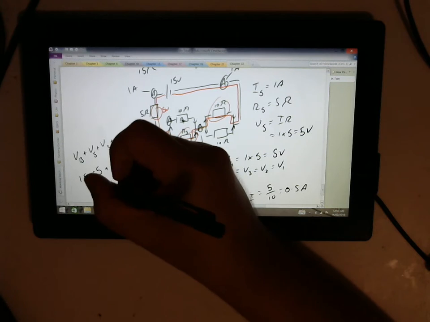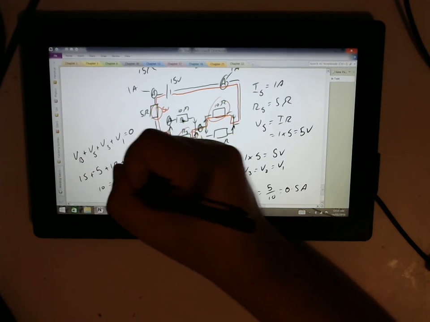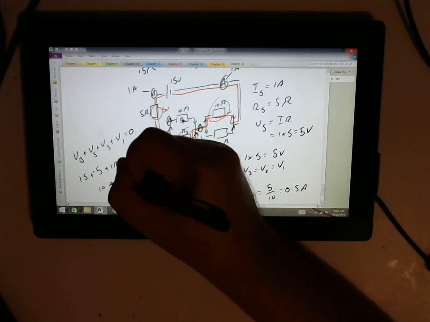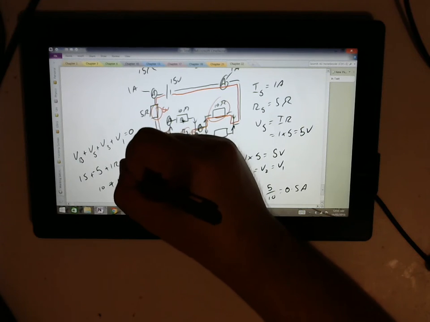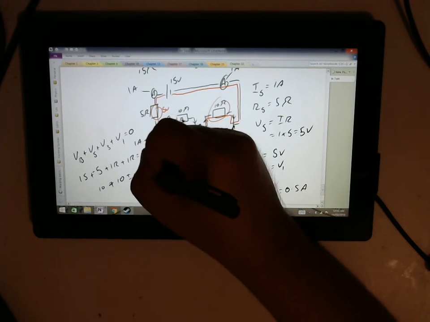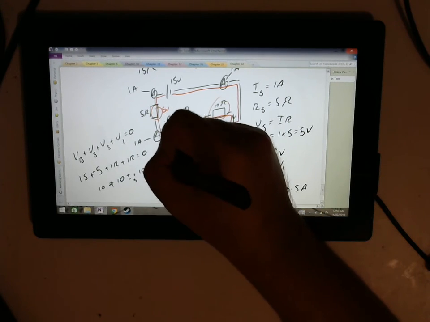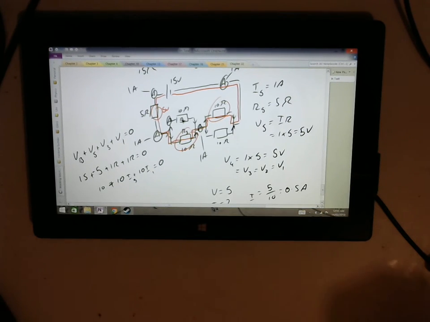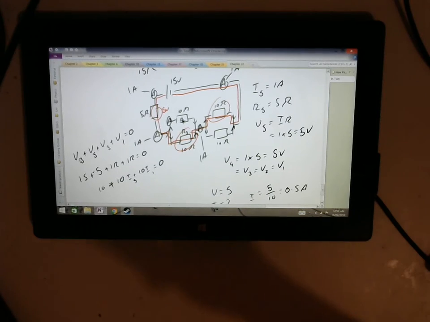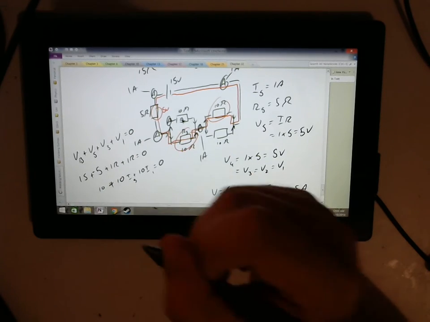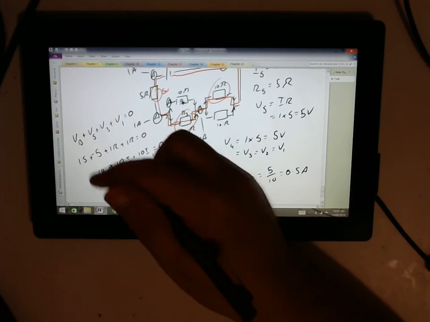The resistances, again, we can work out as being tens. Okay? So that's going to give us 10E plus 10I plus 10I. These are different I's, so I3, I1 equals 0. We can see there's a whole bunch of 10s here, so let's divide everything by 10.